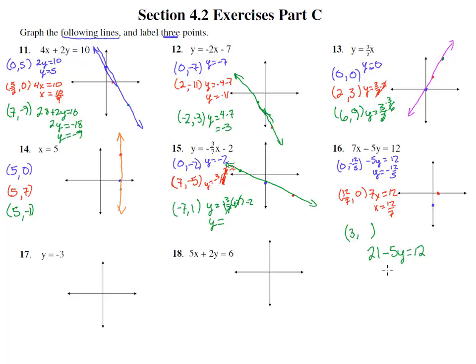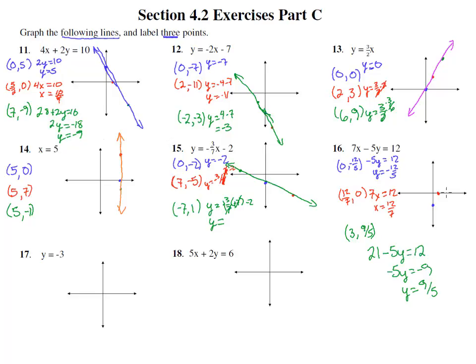Subtract 21, and we get minus 5y equals a negative 9, and then negative 5, we divide it off. Y equals positive 9 fifths, because a negative divided by a negative gives you a positive.